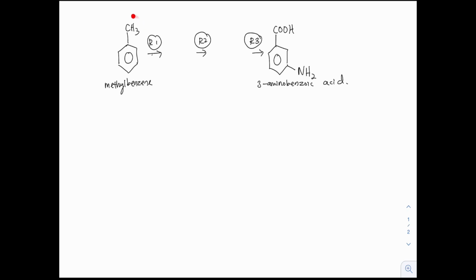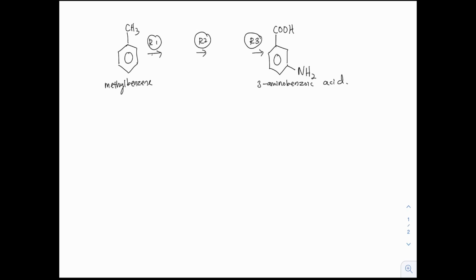There are only two types of reactions that could happen in methylbenzene. The first is electrophilic substitution, where we could substitute things in the benzene, but that is impossible for it to get into NH2. So the next thing you have to think of is free radical substitution.